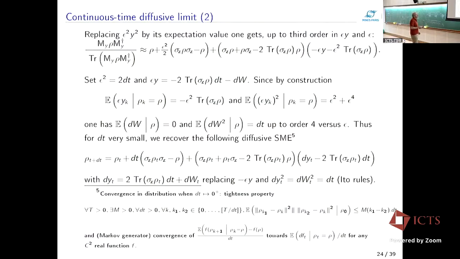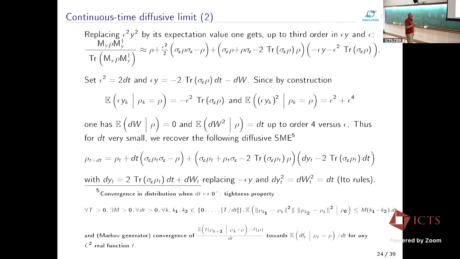It is a standard computation, and it is as if you have dw and dw square, and here you neglect higher order terms with respect to epsilon. So epsilon 2 is dt, so you neglect dt square terms.